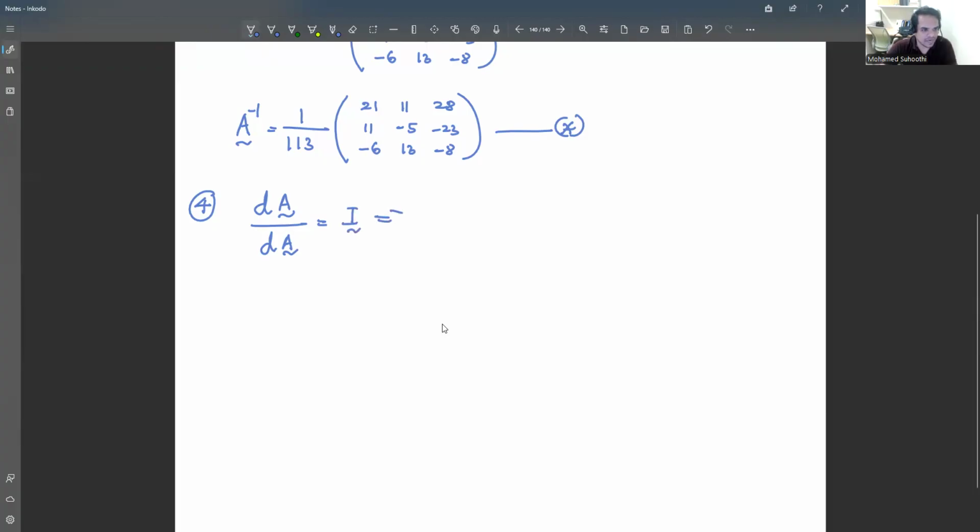So if you write it in index notation, you cannot write ij, right?